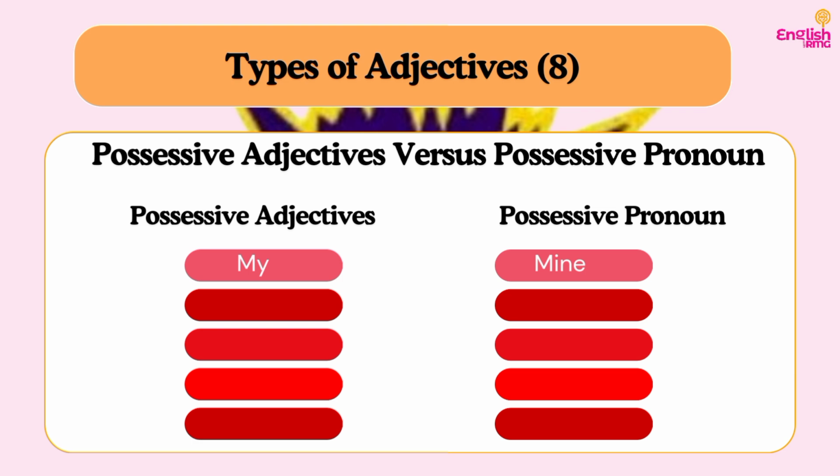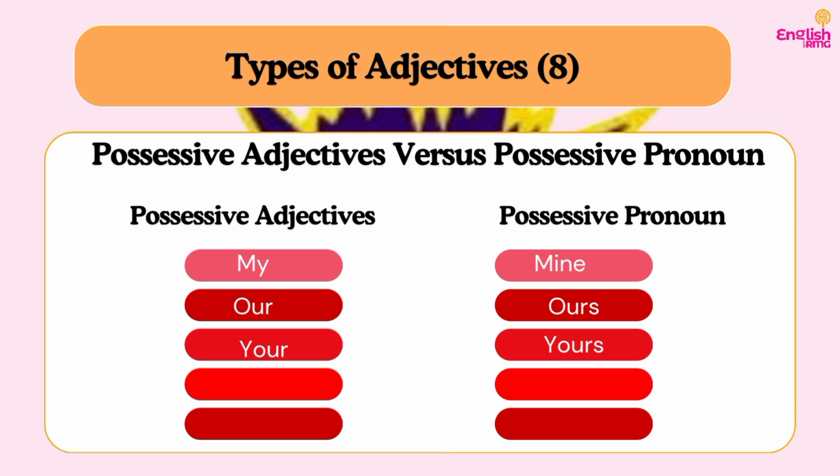So let's look at other examples. Possessive adjective, my. Possessive pronoun, mine. So my book, or the book is mine. Do you understand? Our versus ours. This is our school, or the school is ours. Do you understand? So there's a difference between the usage of the two. Another example, yours.